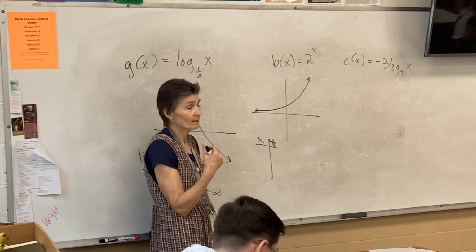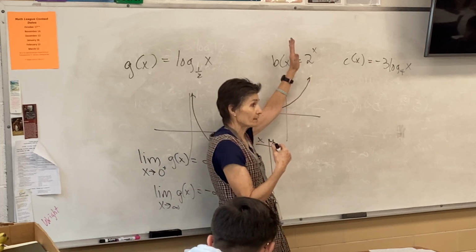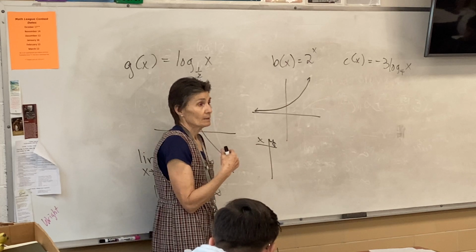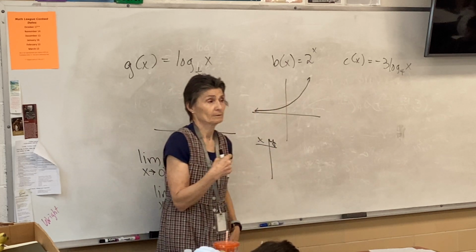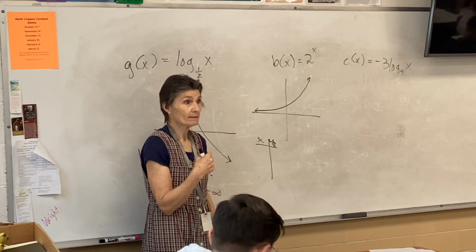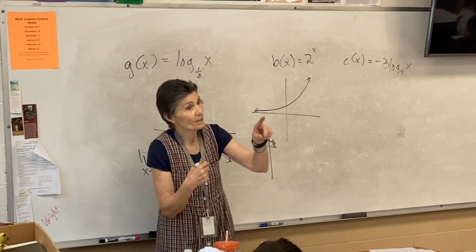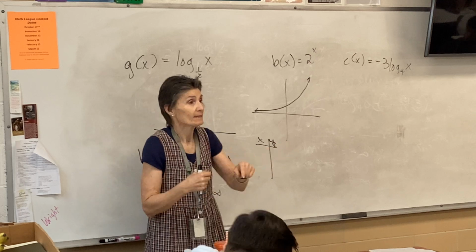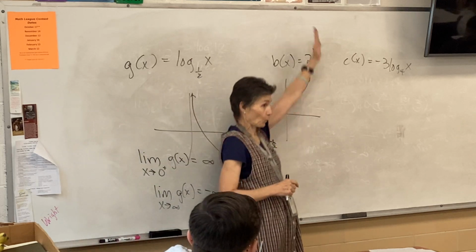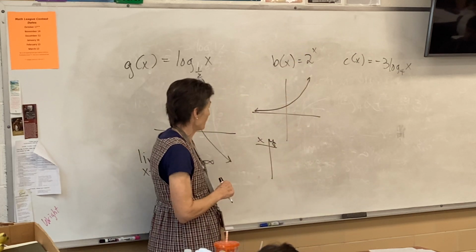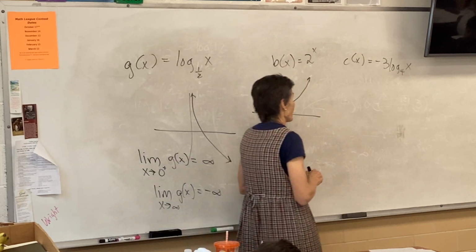Concave up or concave down? Clearly it is concave up, right? Which means what about its rate of change? It's increasing. Rate of change is increasing, which makes perfect sense because it's an exponential, guys. And what do exponentials do? Right? Okay, now what about this guy?